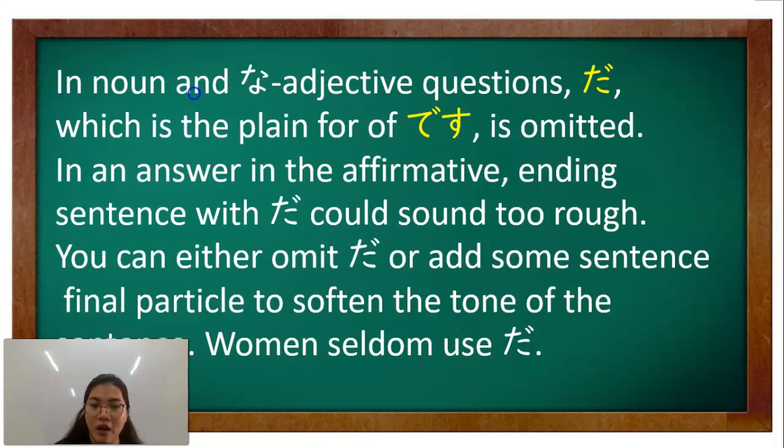You can either omit the da or add some sentence-final particle to soften the tone of the sentence. Women seldom use da. So, you can remove it or add something to soften the sentence, so that the way you say it is not too rough.